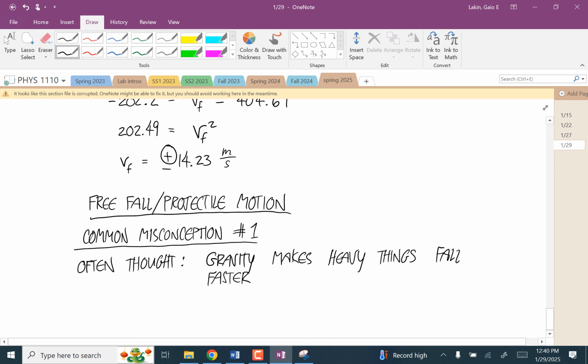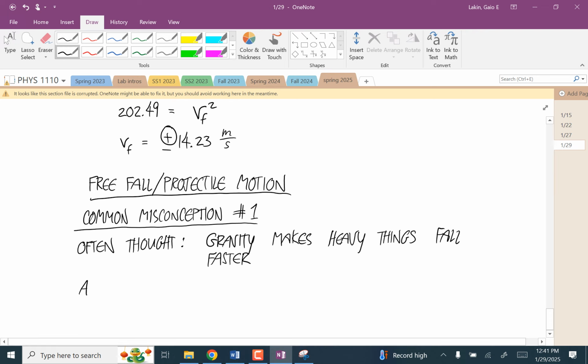Your experience of this comes from stuff like if you dropped a truck from the same height that you dropped a feather, the truck would hit the ground before the feather. And you're like, okay, the feather is light and that's why it flutters down while the truck smashes down.